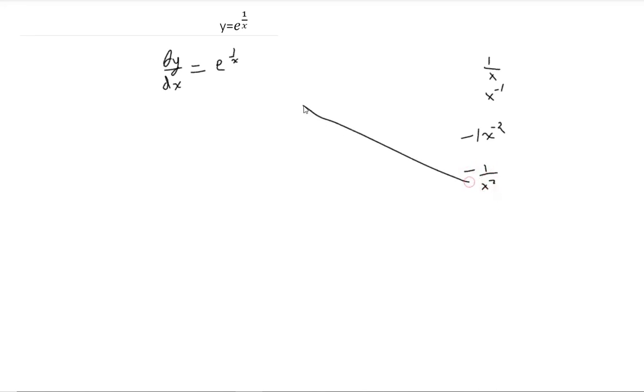And so now we're going to put that here. And that will give us our final answer, dy dx is equal to negative e to the 1 over x over x squared. And that's our answer.